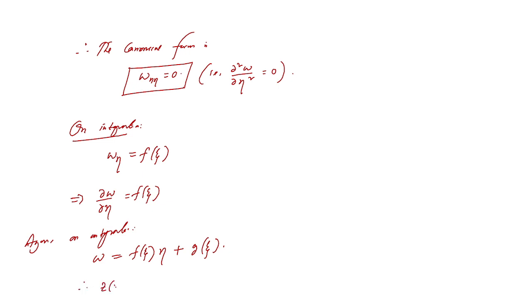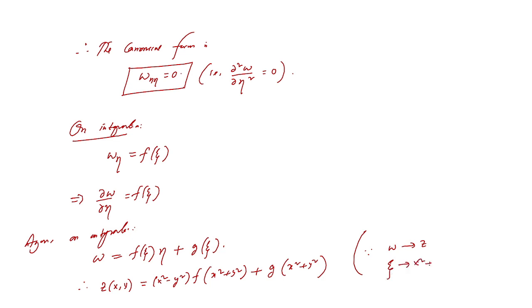So ω(x,y), that is z(x,y), equals (x² - y²) f(x² + y²) + g(x² + y²), since ξ is x² + y² and η is x² - y². This is the required solution.